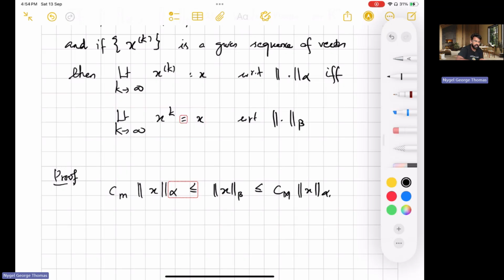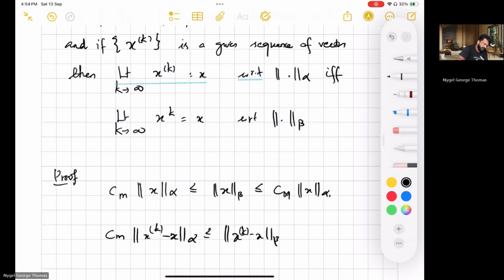This we already know, right? So from this, we can also write Cm times the alpha norm of xk minus x is less than or equal to the beta norm of xk minus x is less than or equal to capital M times the alpha norm of xk minus x.